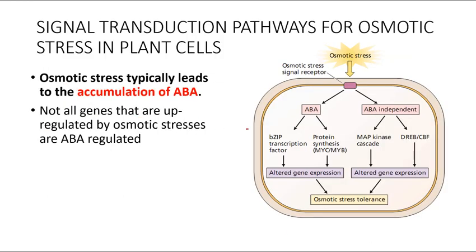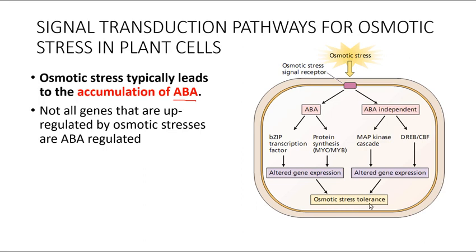Now another important signaling pathway which is activated by ABA hormone in response to osmotic stress. So some genes are induced which control the osmotic stress. Some genes are induced by ABA, and there are some genes which are induced in osmotic stress which are ABA independent.